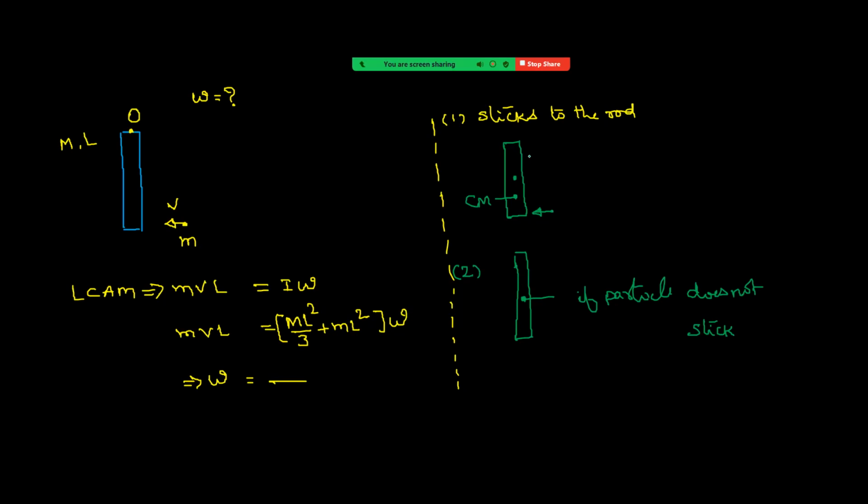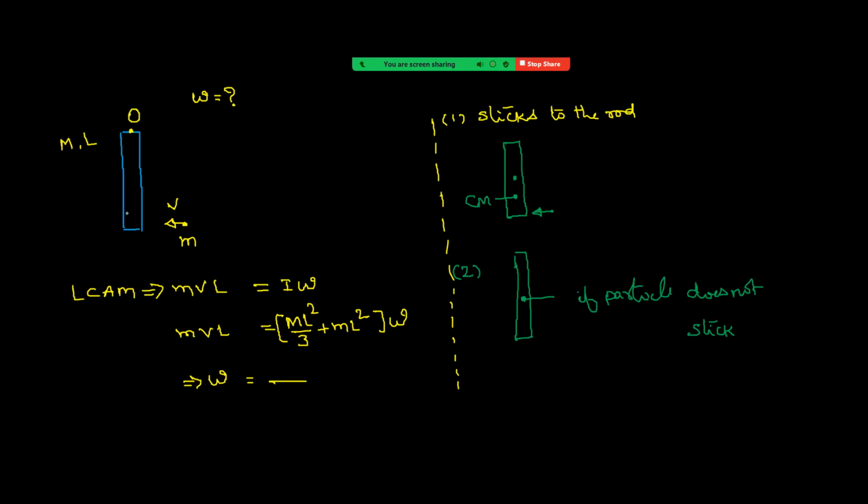In this case, what happened? It sticks to the rod. Then rotation will be about the center of mass of the rod-particle system. So here we conserve angular momentum about this common center of mass. Coming to here, we conserve angular momentum about the center of mass of the rod.